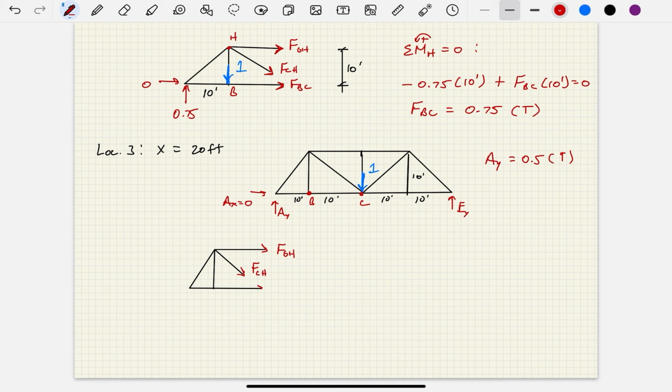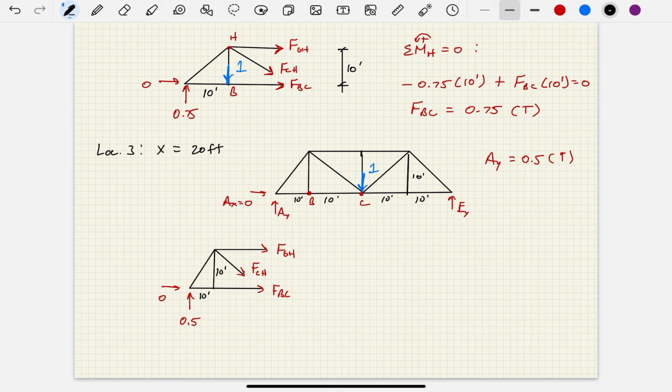FCH also not very interested. And then FBC, that is the one I am interested in. And I've got 0.5 coming up here as AY. AX is 0. And, just to put some dimension lines here, 10 feet. And that vertical dimension is 10 feet.